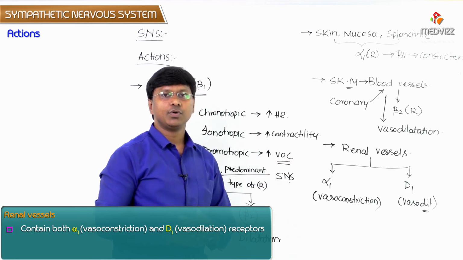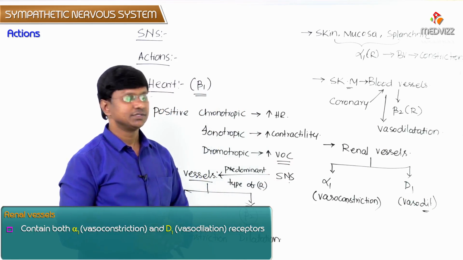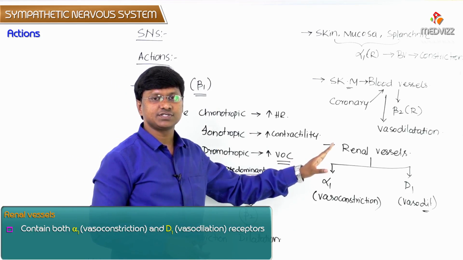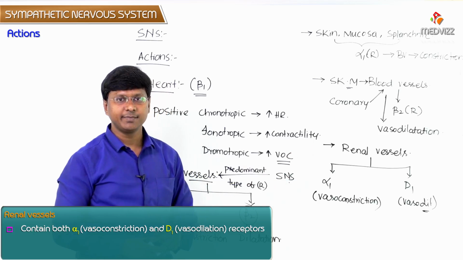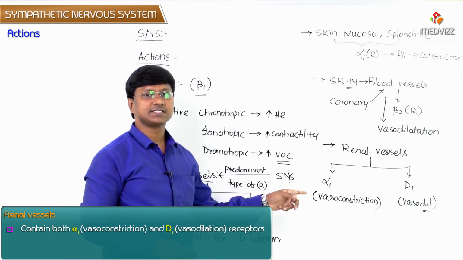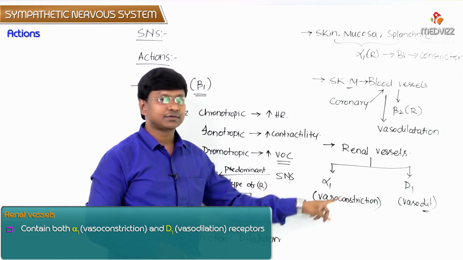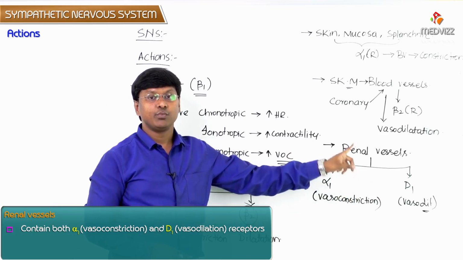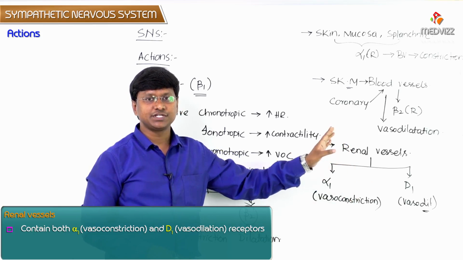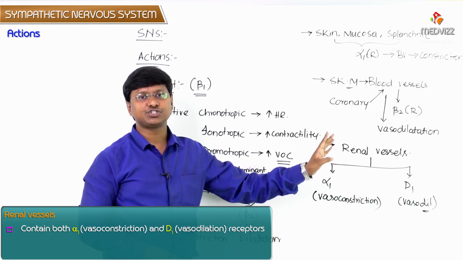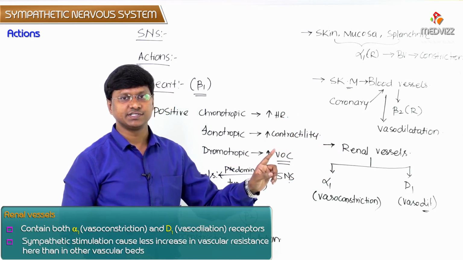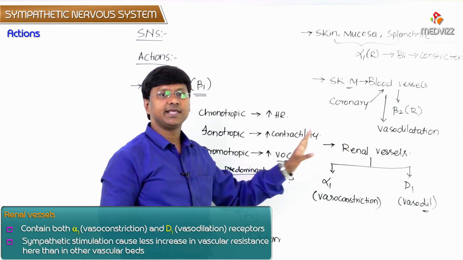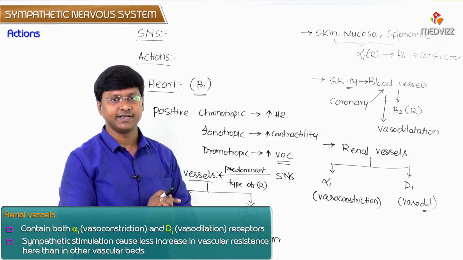A point you should remember here is what happens to the renal vessels whenever the sympathetic nervous system is stimulated. Because the renal vessels contain both alpha 1 and D1 receptors, sympathetic stimulation causes less increase in vascular resistance here than in any other vascular bed.